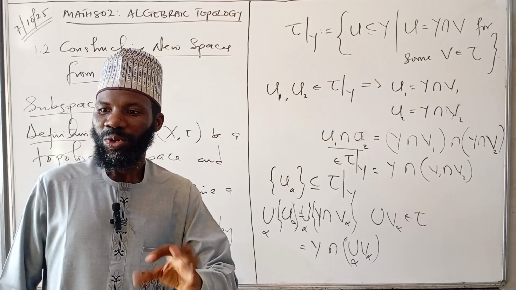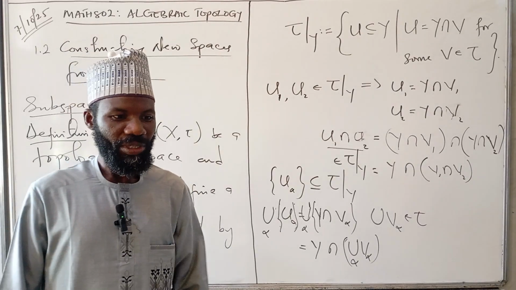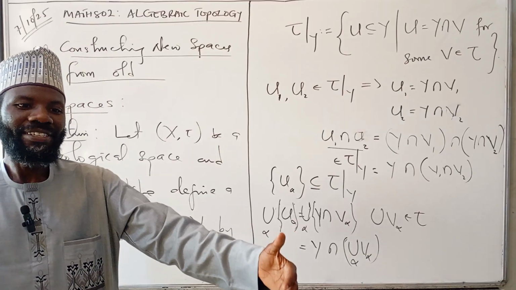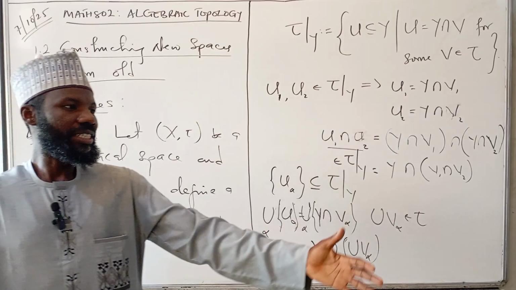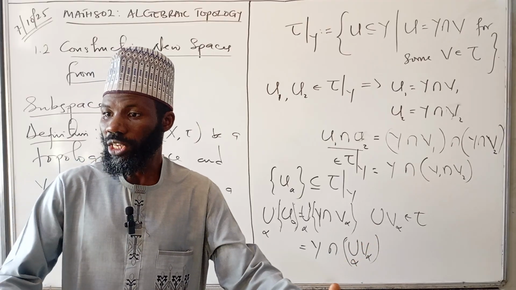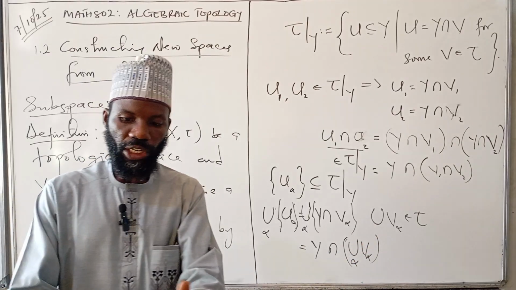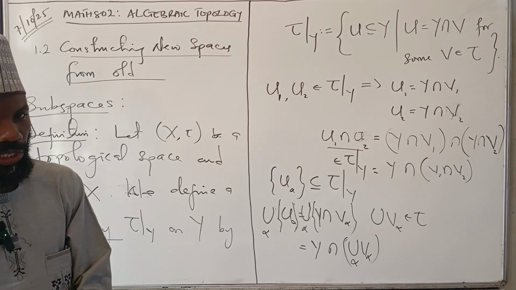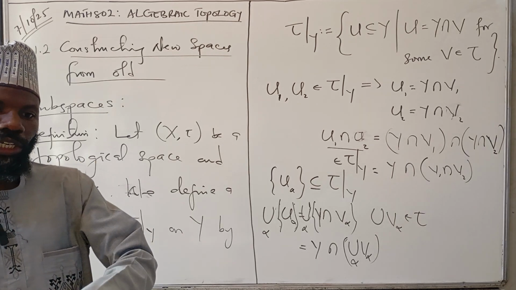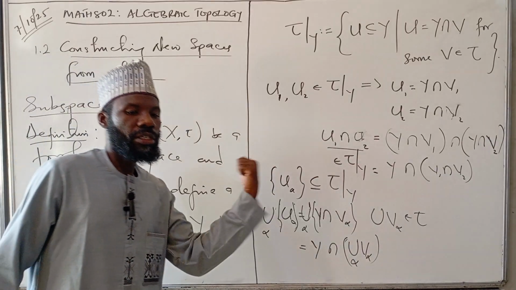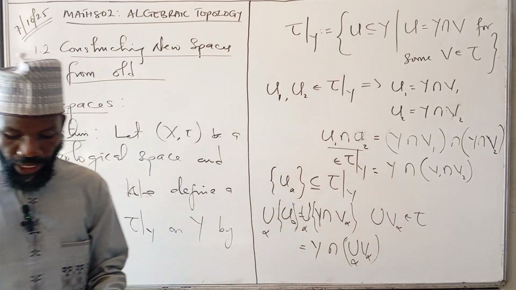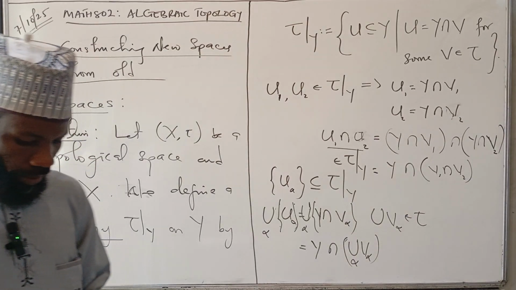But this sphere and the ball, we call them what? We say they are manifolds. So there are topological spaces existing in the three-dimensional Euclidean space. But it is a subset of the three-dimensional Euclidean space. So with respect to which topology is it a topological space? It is with respect to the subspace topology. That is the relative topology. Okay?